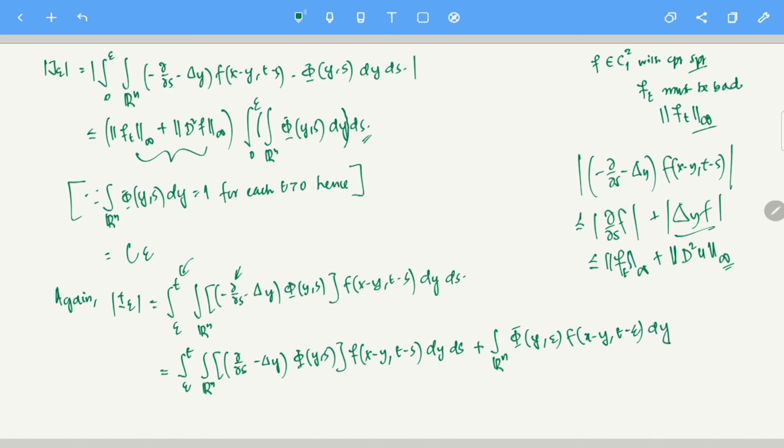And there is another boundary term corresponding to t. So that is minus integral over Rn phi of y, t, f of x minus y, 0, dy.